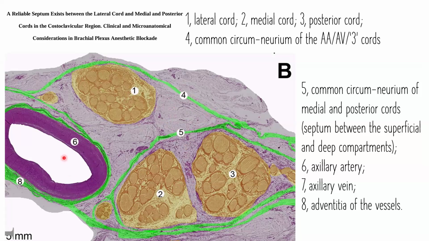And this is the axillary artery, and the vein would be still more medial, and this would be a part of the lateral cord, and usually it's the lateral pectoral nerve, and these are the parts of the medial cord, which could be probably the medial cutaneous nerve of arm or the forearm, and this would be another branch arising from the posterior cord.